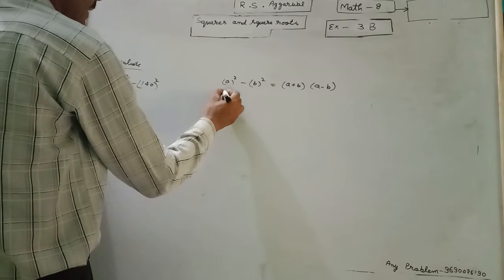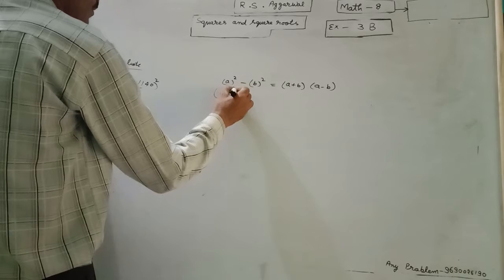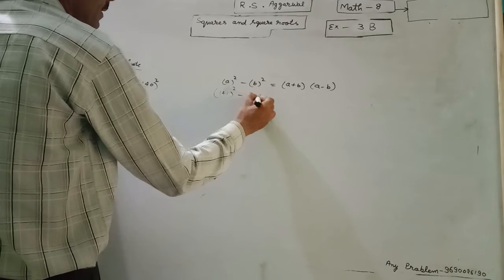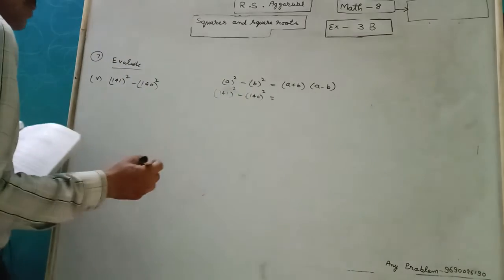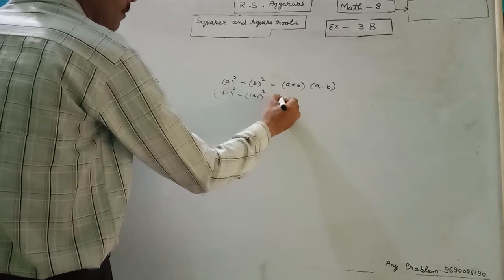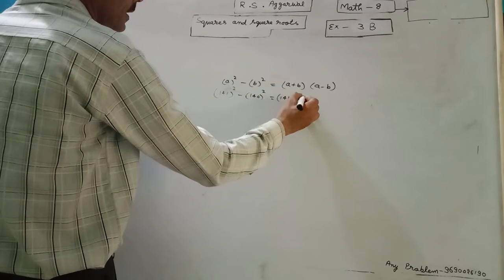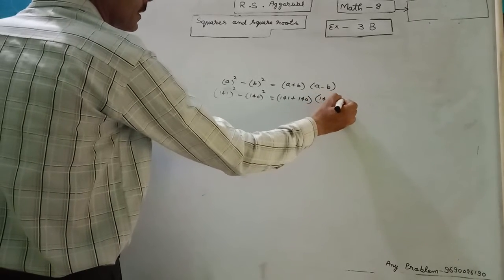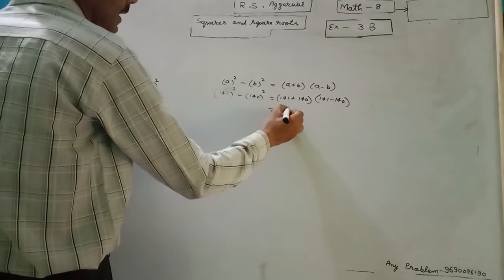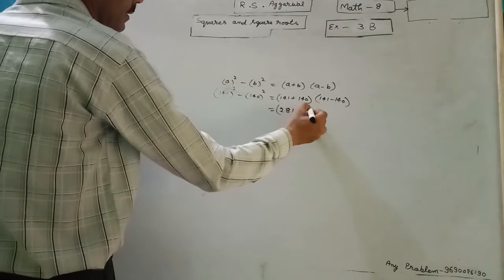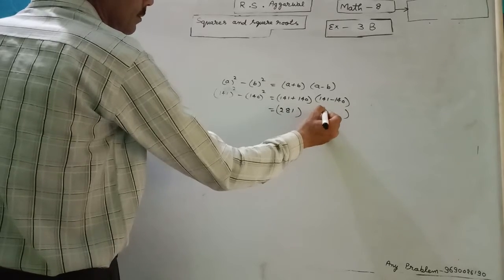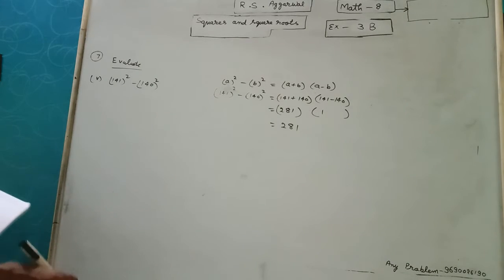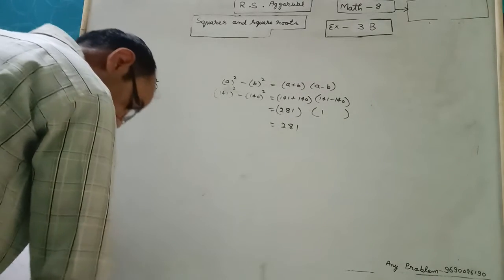Write the identity form. 141 will be A and 140 will be B. Write according to identity 141 plus 140, 141 minus 140. After plus is 281. Second bracket is 1. After multiply 281. Seventh question is complete.